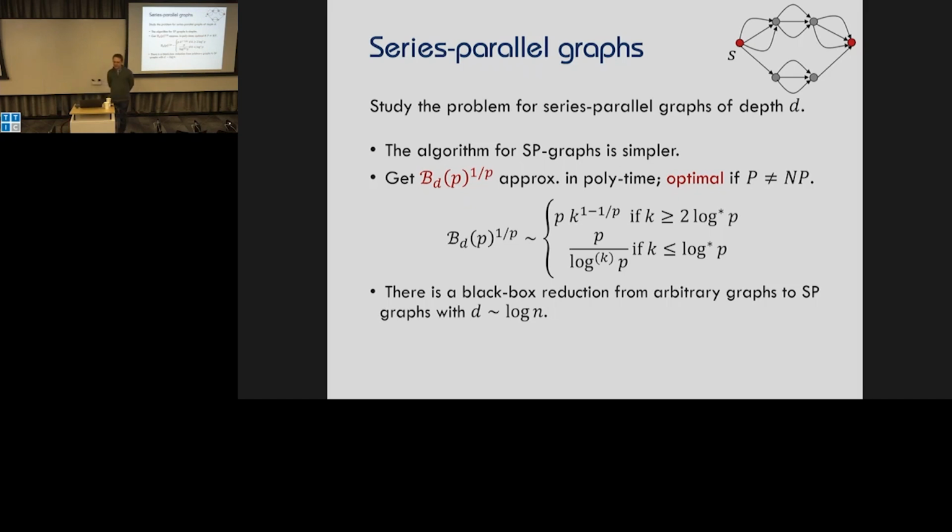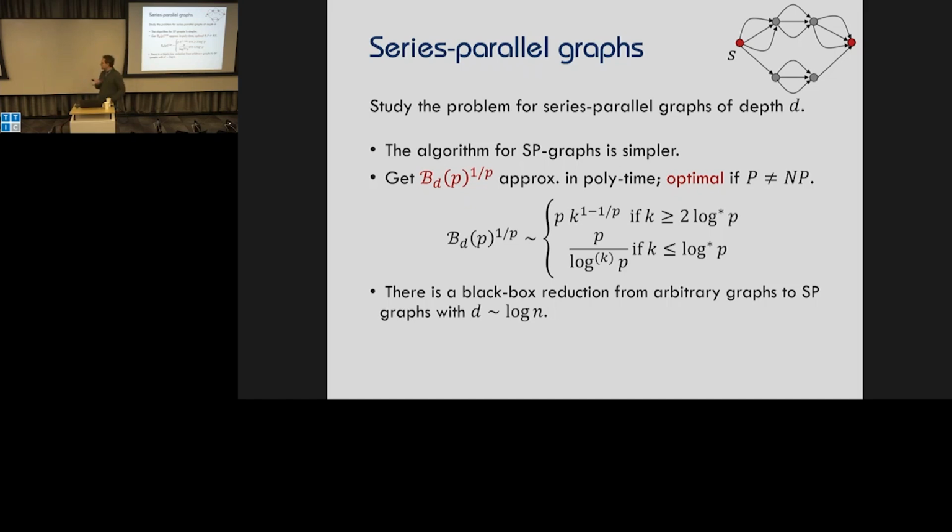Okay. And now let's discuss an algorithm for series parallel graphs. There are several reasons why we focus on series parallel graphs. I'm going to define these graphs in a minute. First of all, our algorithm for series parallel graphs is much simpler, so it will be much easier to describe and analyze it.